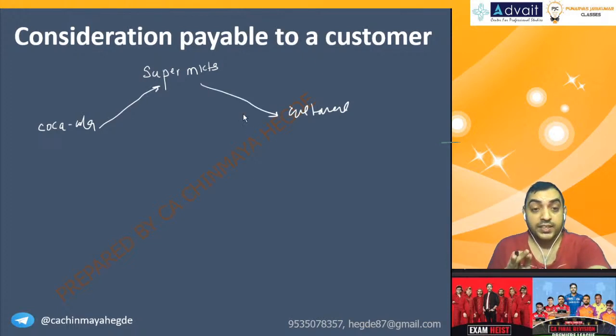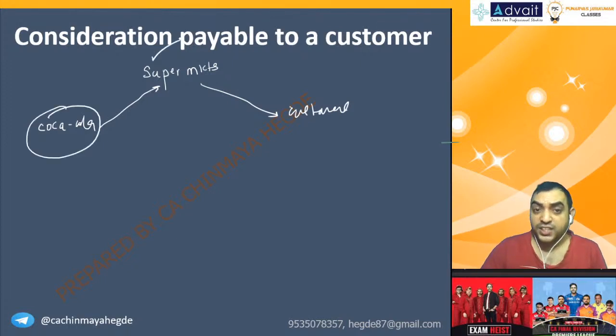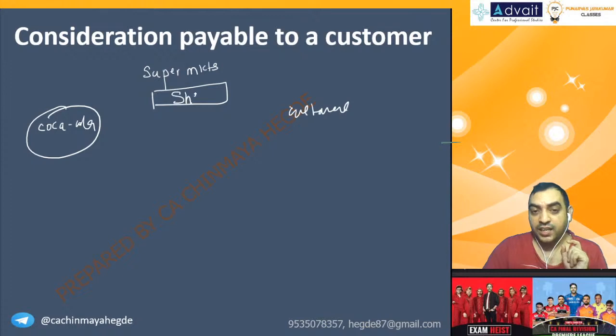Remember, supermarkets will buy and sell. They are not just intermediary, not just broker, they take the inventory risk on themselves. So for Coca-Cola, the customer is supermarkets, but it will be placed in a certain shelf, right?